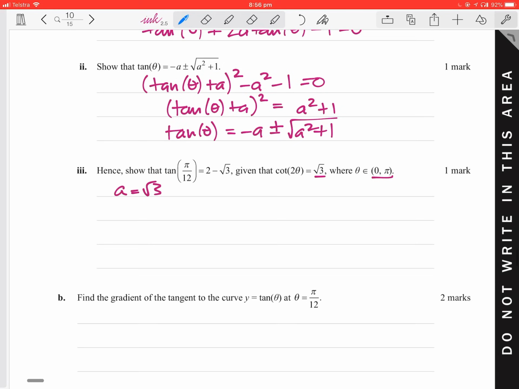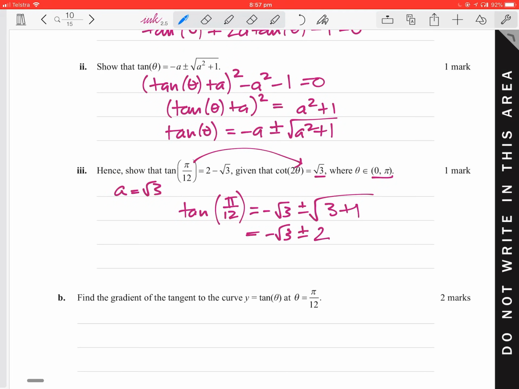And we know that tan of pi on 12 is going to equal negative root 3 plus or minus the square root of 3 squared plus 1, which is negative root 3 plus or minus 2.